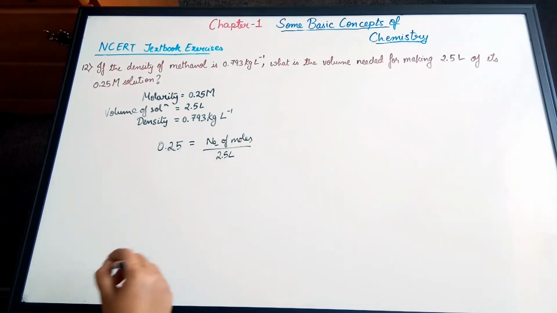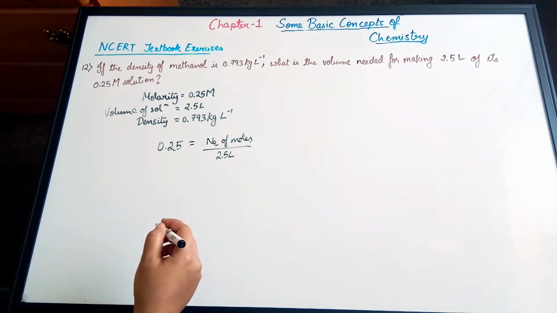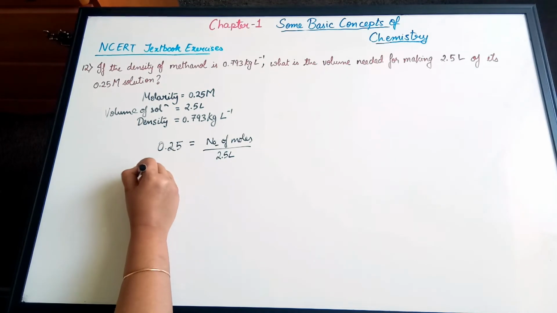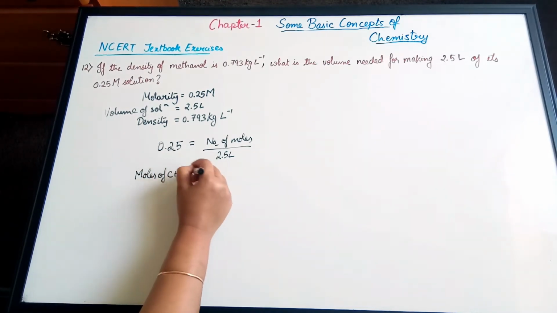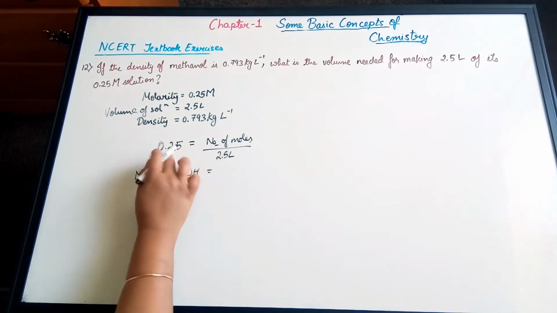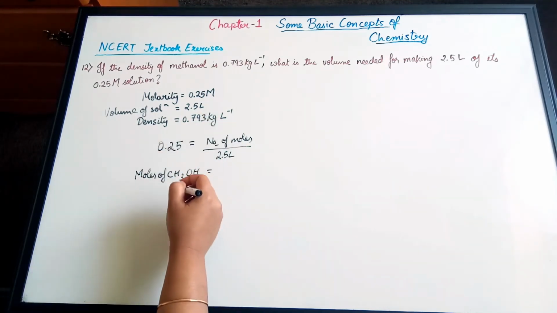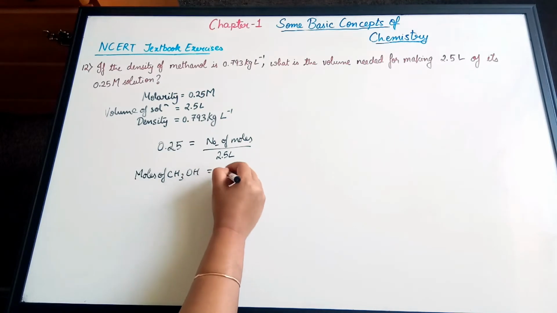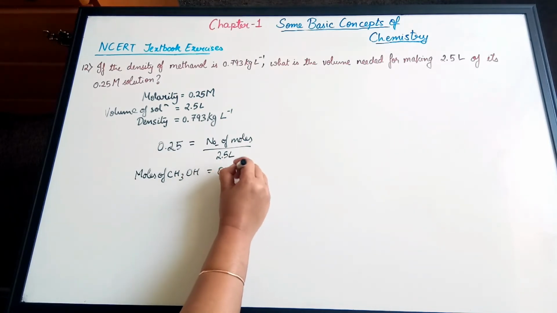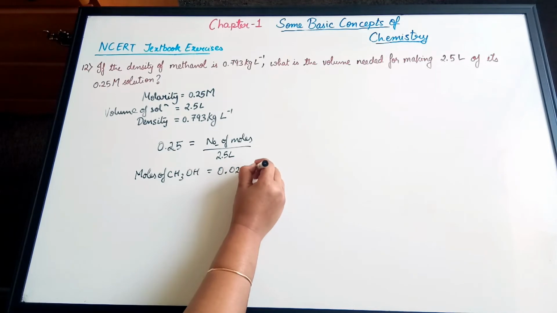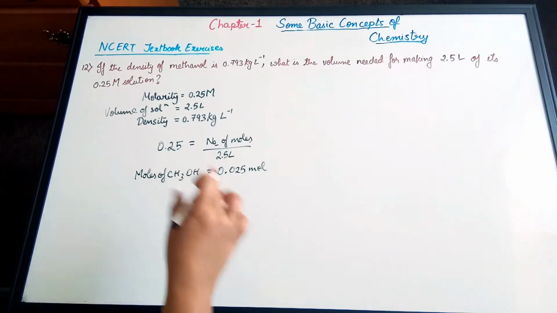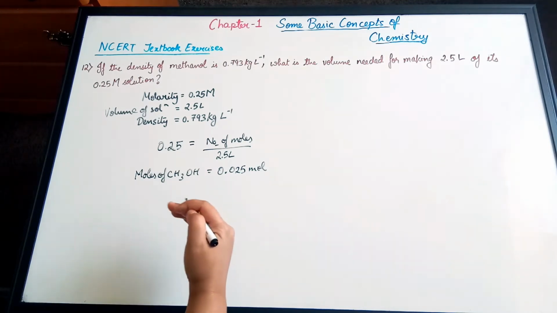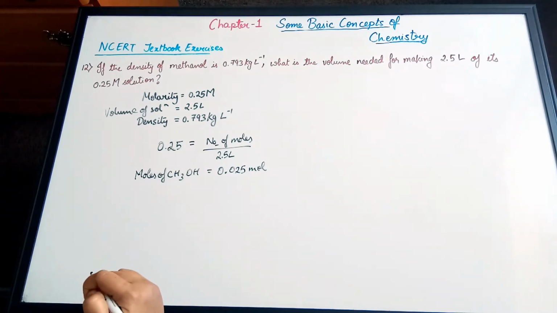So when we simplify this, we get the number of moles of CH3OH, that is methanol, equals 2.5 times 0.25. So that's equal to 0.025 moles.